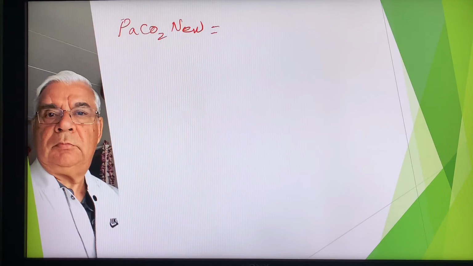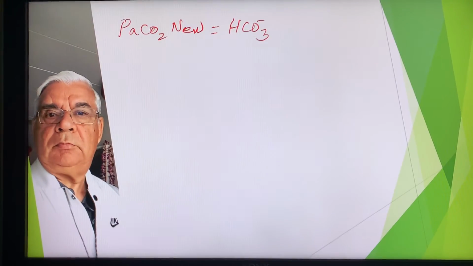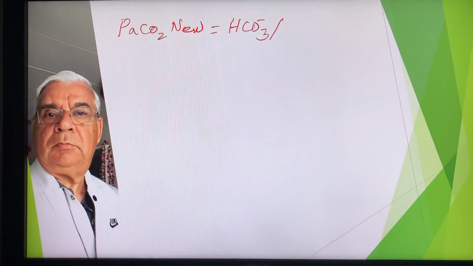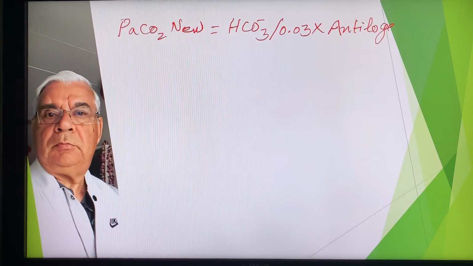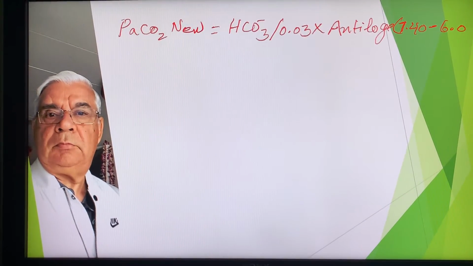Formula is bicarb divided by 0.03 multiplied by antilog of pH, which is 7.40, minus 6.0.